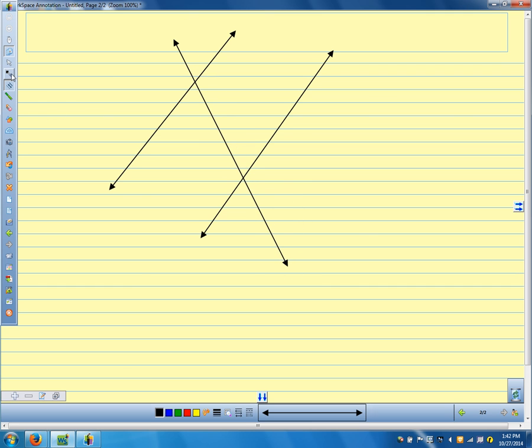So the picture on your graphic organizer looks something like that. All right, and this is line M, and this is line N, and this is line L. And for our graphic organizer, line M is parallel, this is how we show parallel, to N.